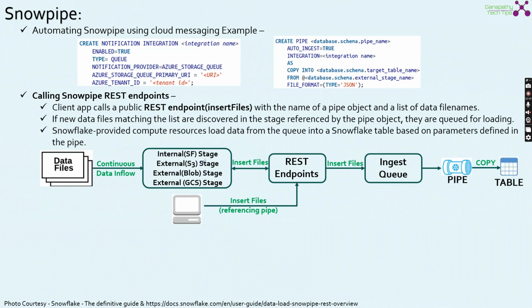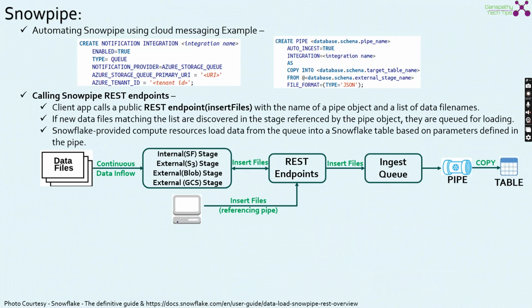Once these files are in these stages, then we can utilize the insert files API endpoint, and it will call the REST API endpoints here. That REST API endpoint will insert the files into the ingest queue. Again, it will be consumed by the Snowpipe, and utilizing the copy command, it will load the data into the Snowflake table.